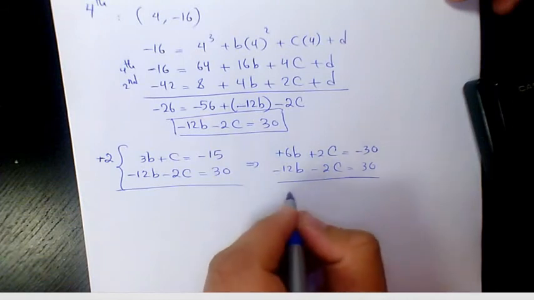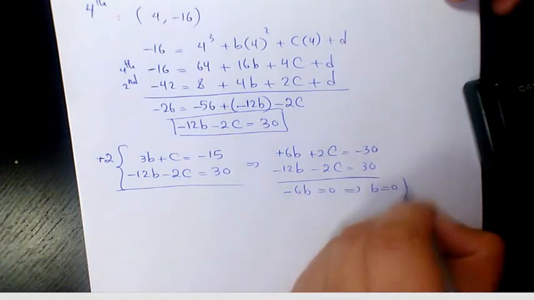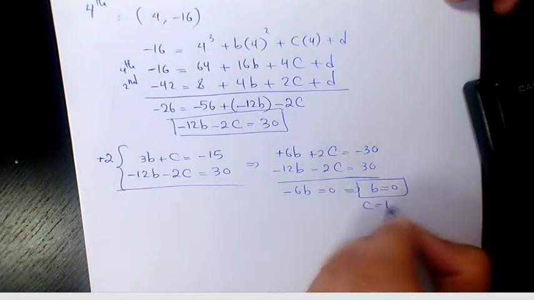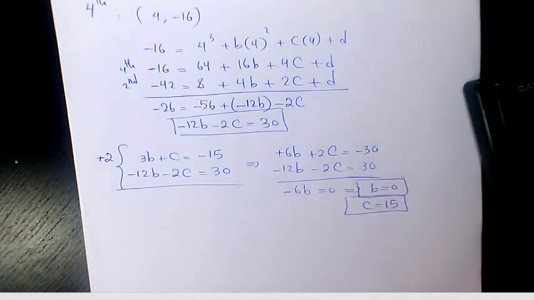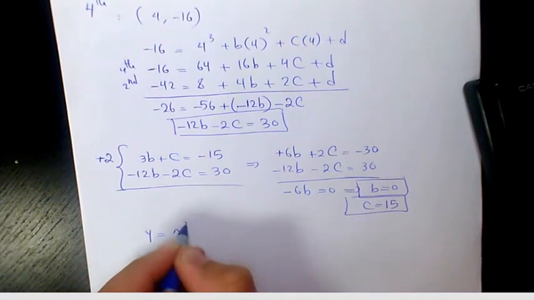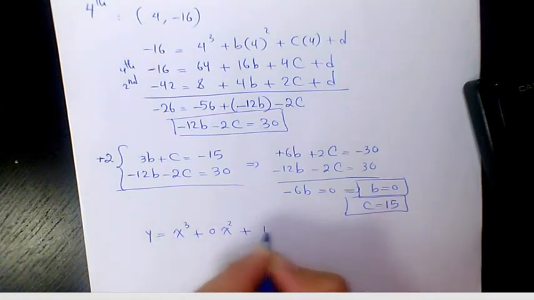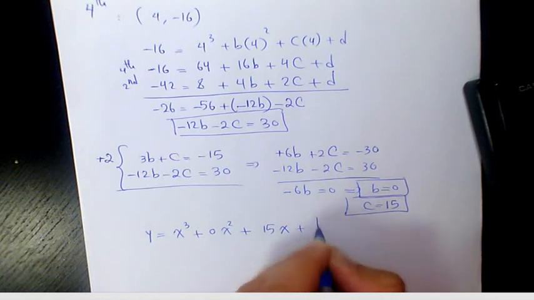That's going to make it negative 6b equals 0. So b is 0 and c is going to be negative 15. Which means that y equals x cubed plus 0x squared minus 15x plus d.